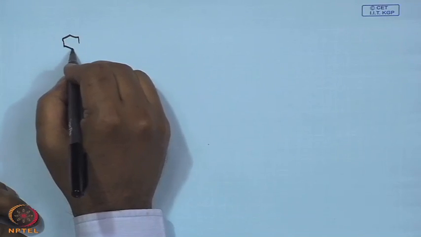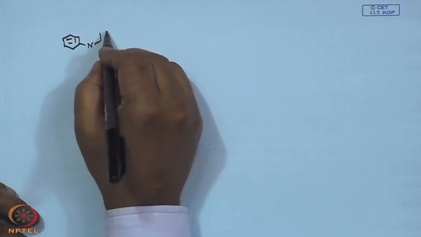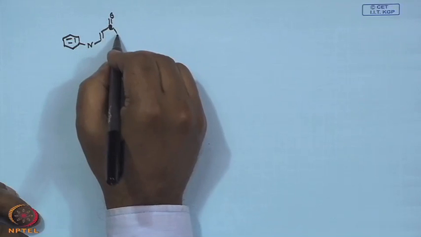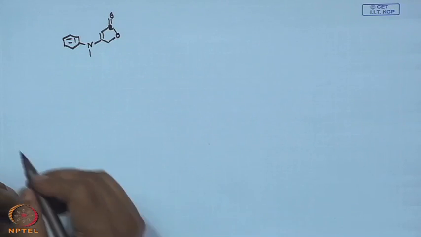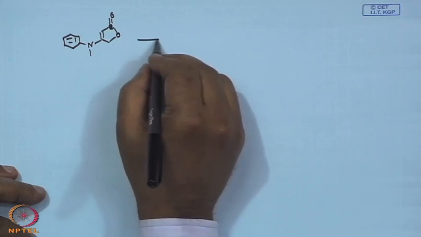I will give you one more example just to emphasize that these chemical shifts are distinctly different for heterocyclic compounds. Let us say a molecule of this kind, a known compound, in which the methyl group is here.